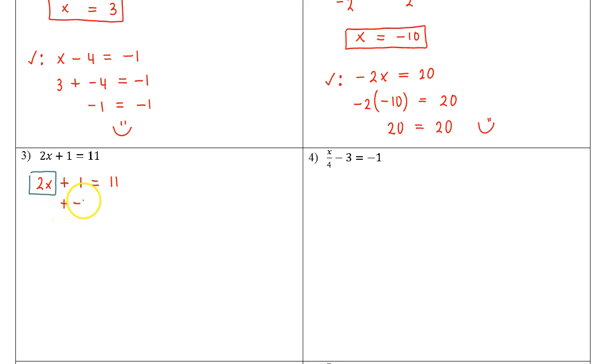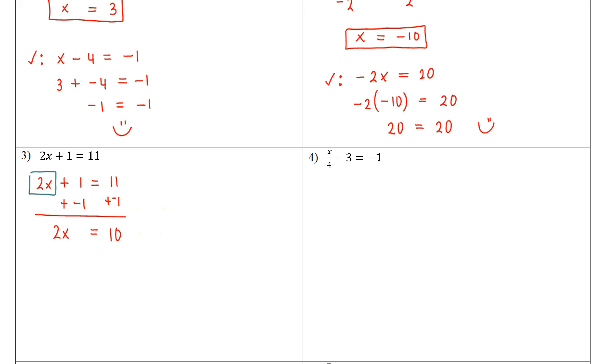So the opposite of positive 1 is negative 1, and if I add negative 1 on either side of my equation, I'll have just 2x on the left, because positive 1 and negative 1 will give me 0. And on the right side, 11 and negative 1 will give me 10.